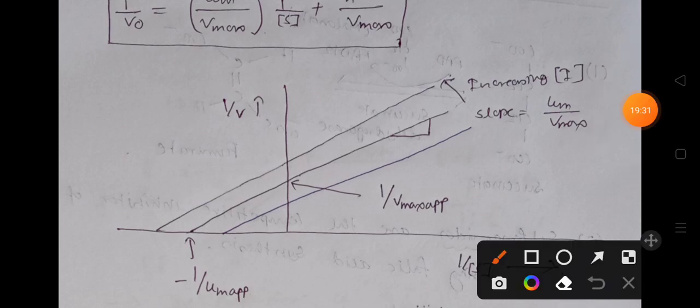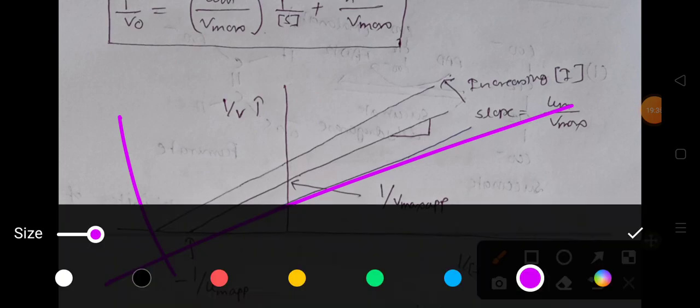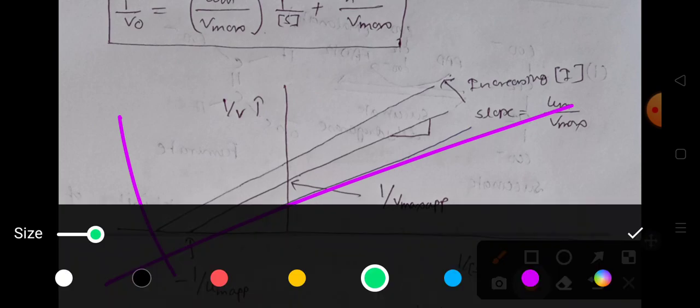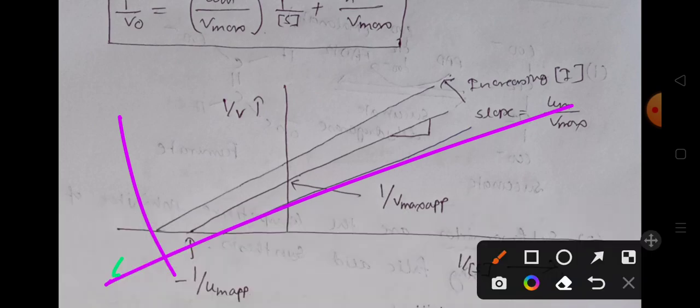So in competitive inhibition, you can see that, so that is the normal line for when an inhibitor is not present, right?